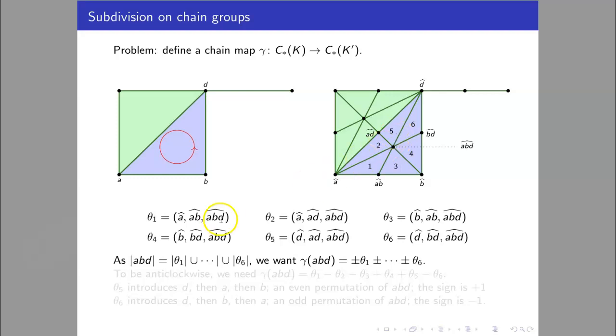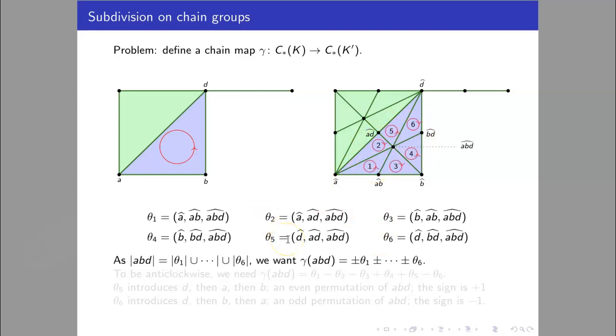I've written them here. First one, we've written a 1 here, that's for A hat, AB hat, ABD hat. And 4 here, for example, that's for B hat, BD hat, ABD hat. So 6 of them all together. And so the plan is that gamma ABD should be the sum of all these 6 things, at least up to a plus or minus sign.